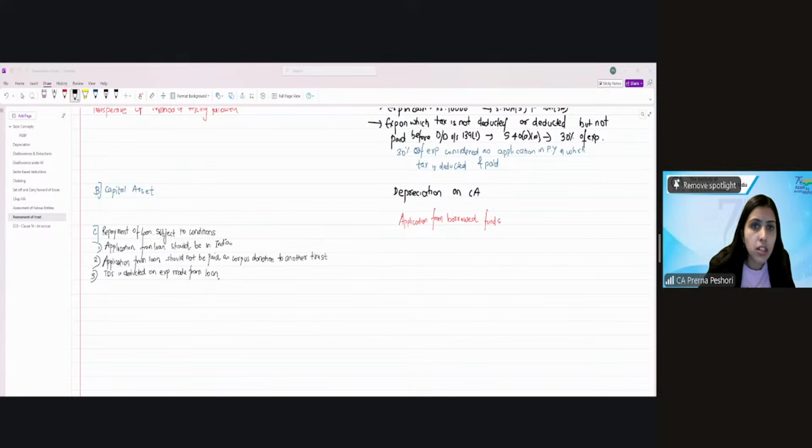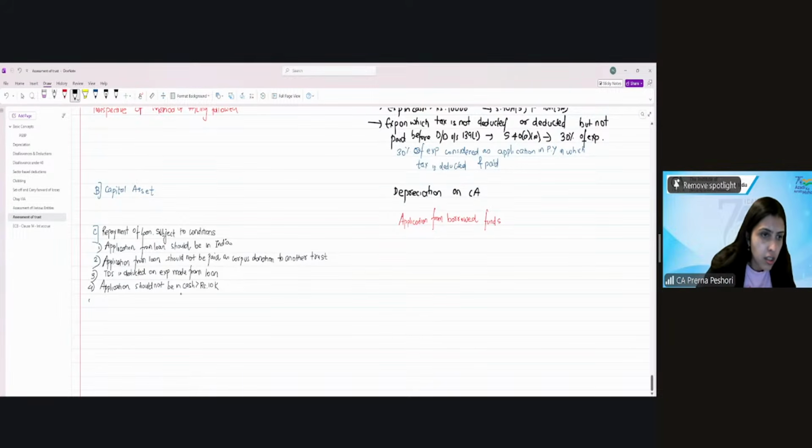So application should not be in cash greater than rupees 10,000. Then the application is basically not for the benefit of any specified person under section 13(3).